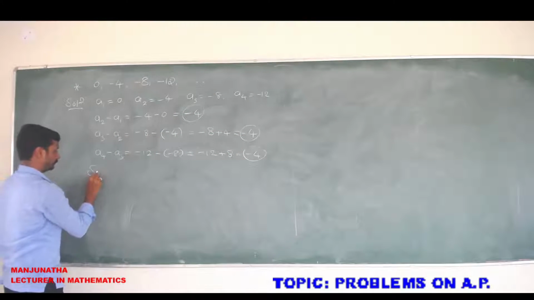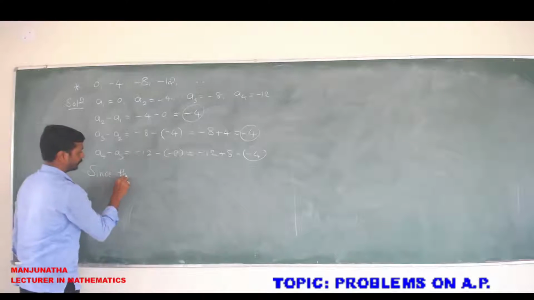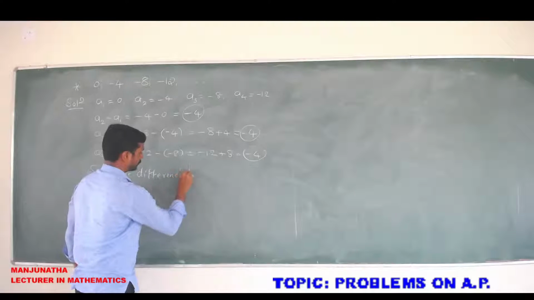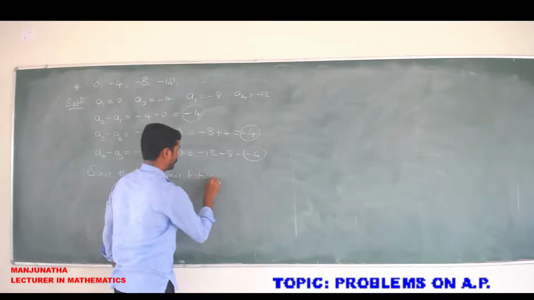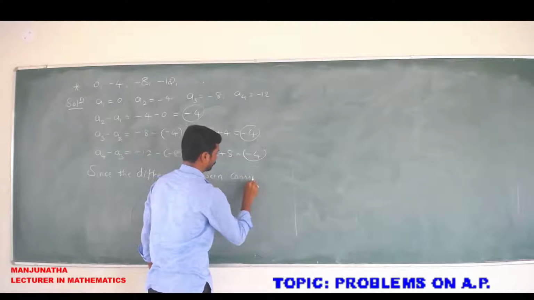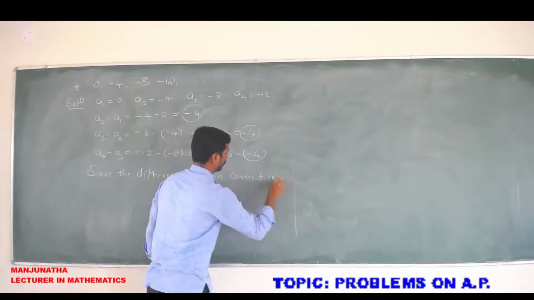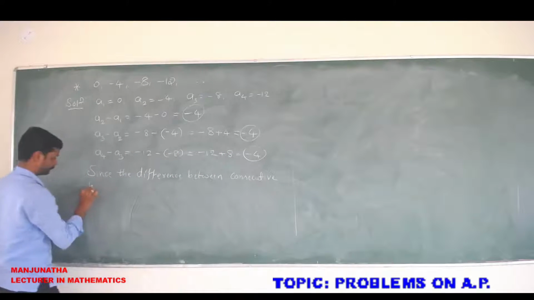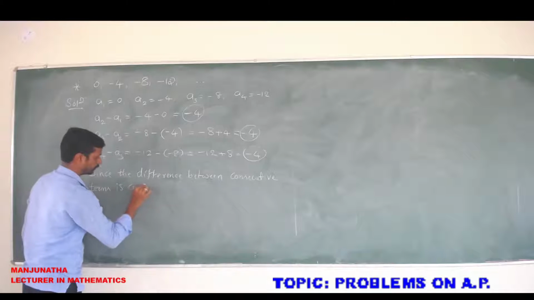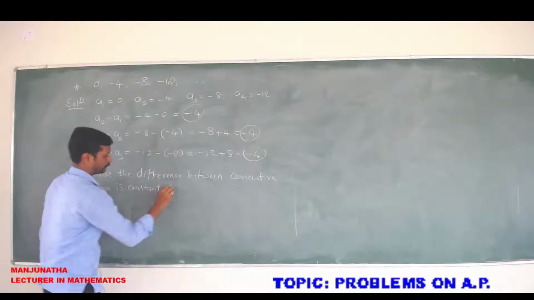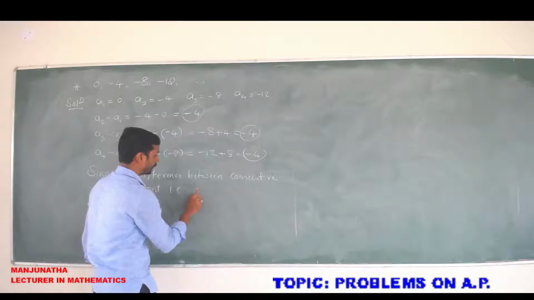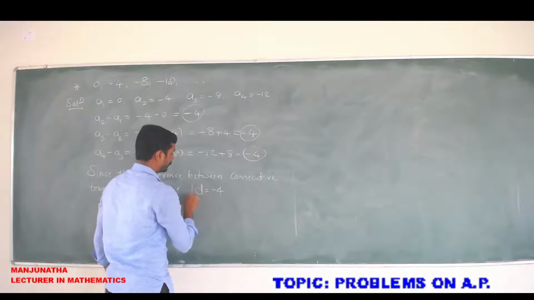Since the difference between consecutive terms is constant, that is which one, the constant difference is -4, therefore D equals -4.